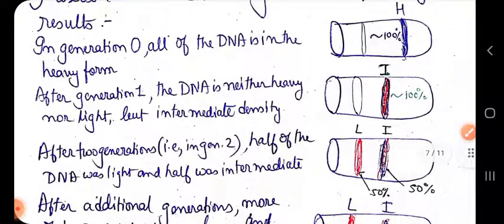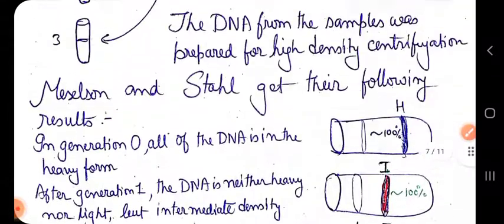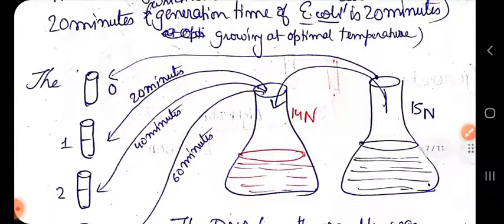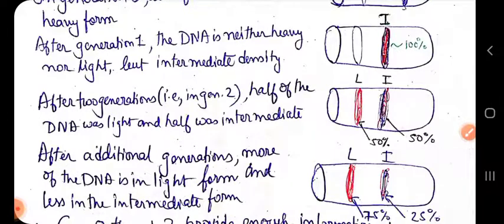So after generation 1, the DNA is neither heavy nor light, but of intermediate density. Next, after two generations, that means after 40 minutes, we take another sample. Each 20 minutes makes one generation time of E. coli bacteria. So after 40 minutes, when we take the second sample, it will look like this after centrifugation.